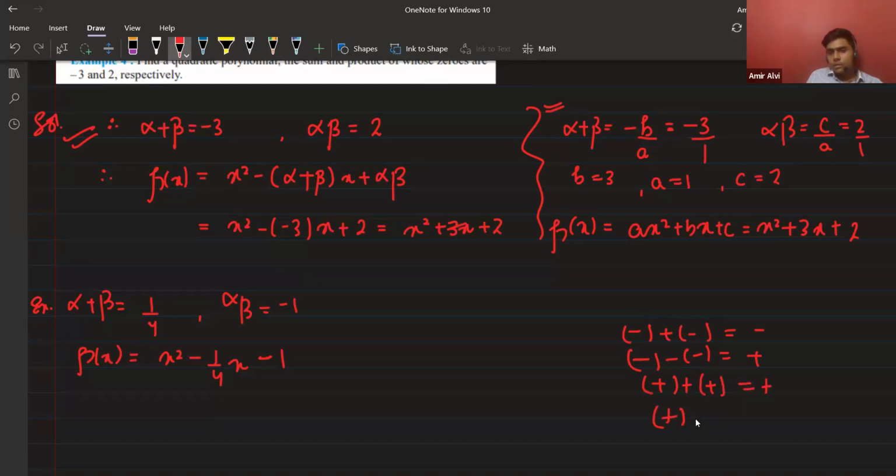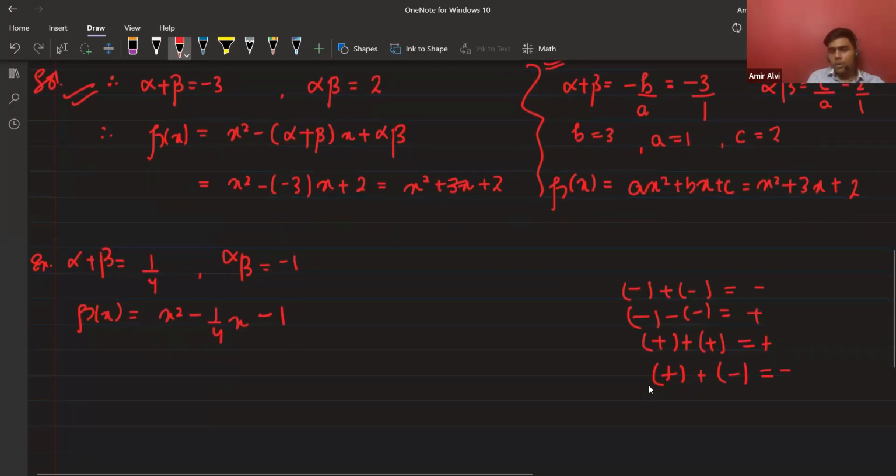Plus minus will be basically minus, and minus plus is equal to minus. If this is minus 3 minus 5, it would be minus 8. If this is minus 3 minus of minus 5, it would be plus 2, because minus of 5 will become positive.